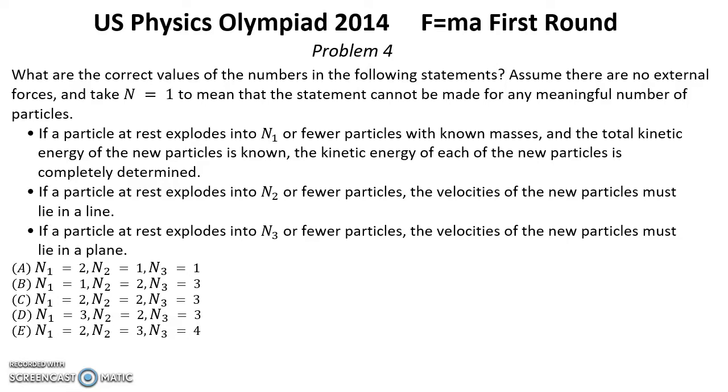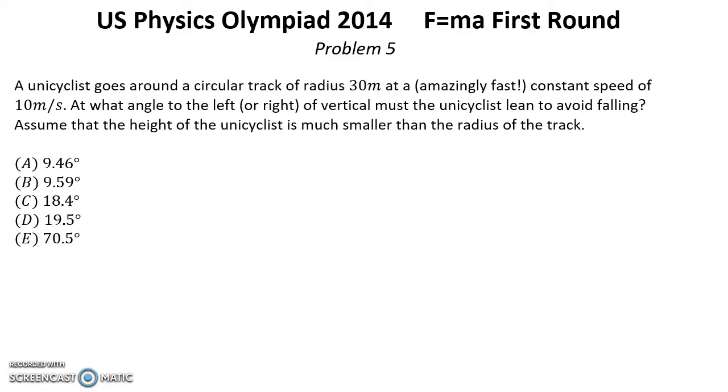If a particle at rest explodes into n2 or fewer particles, the velocities of the new particles must lie in a line. If a particle at rest explodes into n3 or fewer particles, the velocities of the new particles must lie in a plane.